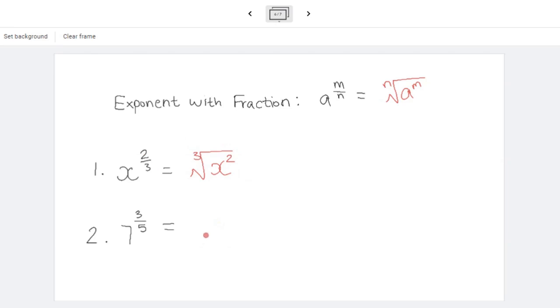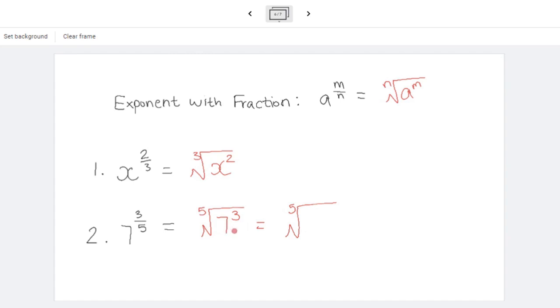For this, you write your square root symbol and put the 7 inside the square root. Then put the top of your fraction with the 7 as its exponent inside the square root symbol, and then the bottom outside the square root symbol, okay? We can go ahead and simplify this, but it's just too much, but we can if we want. So the fifth root of, I don't know if that's how we're supposed to say it, fifth root of 7 to the power of 3.